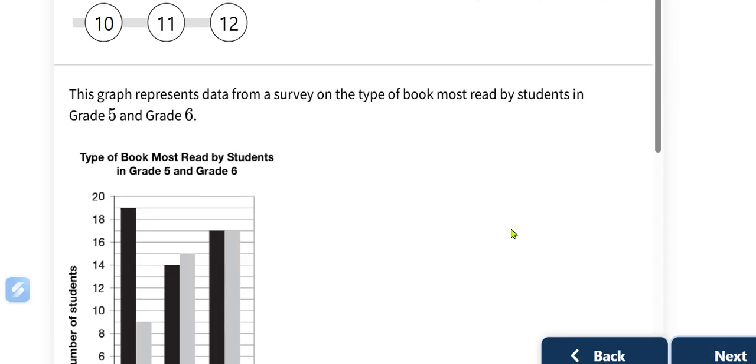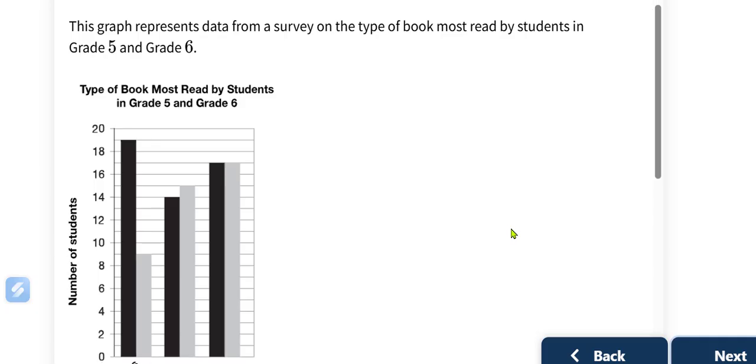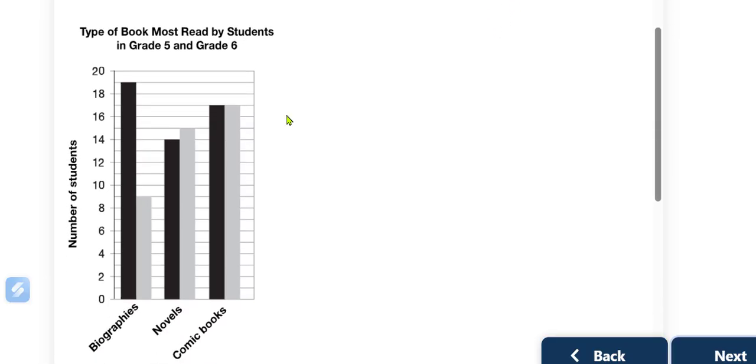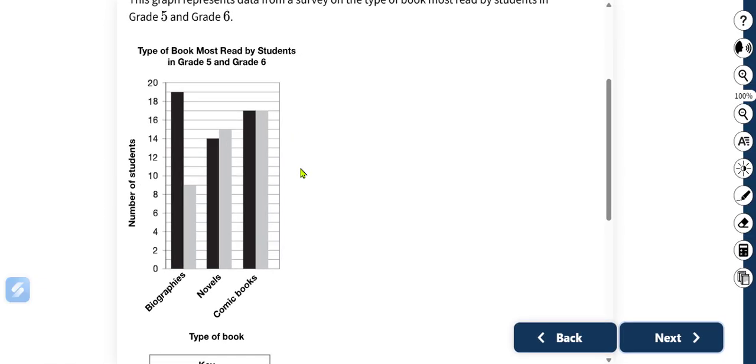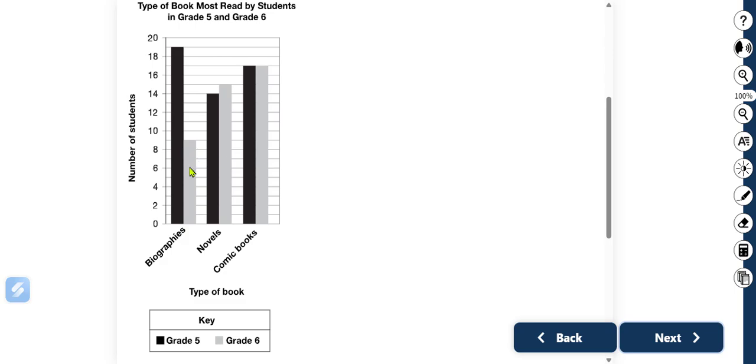Now a graph is given. From a survey on the type of book most students read from grade 5 and grade 6, if you look here, the dark represents grade 5 and this gray represents grade 6.